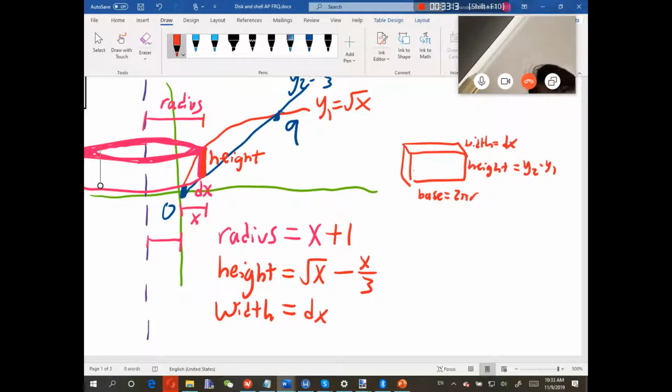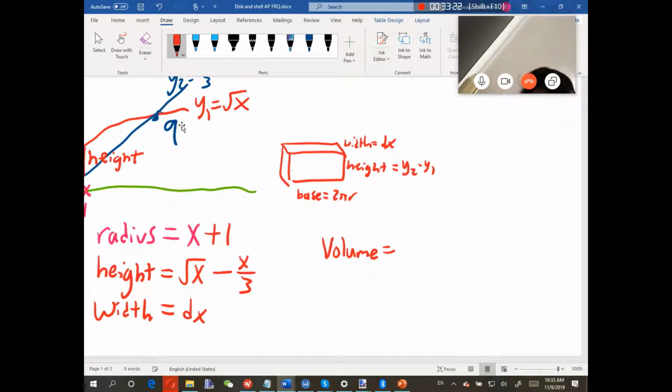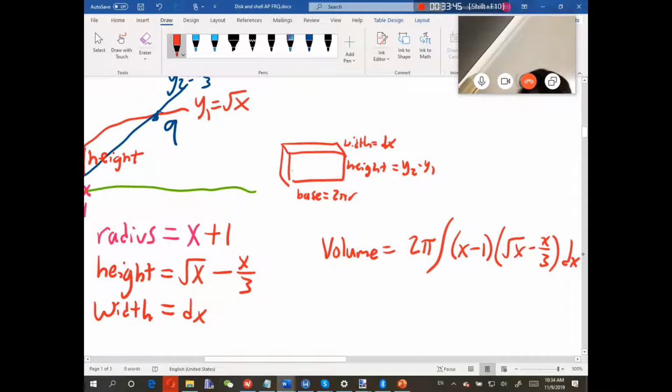So if I wanted to set this volume up, my volume would be equal to base times width times height. So that's 2 pi times our radius, x minus 1, times our height, root x minus x over 3, times our width, dx.